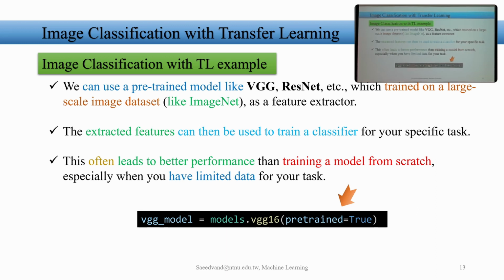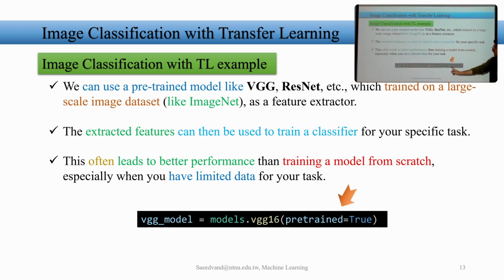How can we do that with a library? This models.vgg16 you can replace with any well-known model. Most of them are implemented in PyTorch or other libraries. You just replace the name of the model you want to train with.